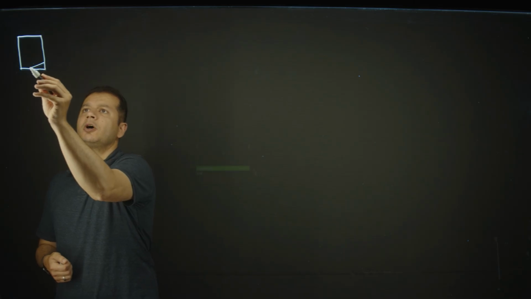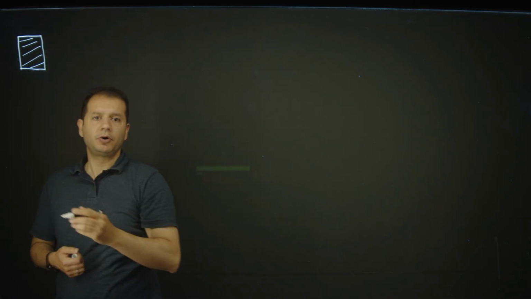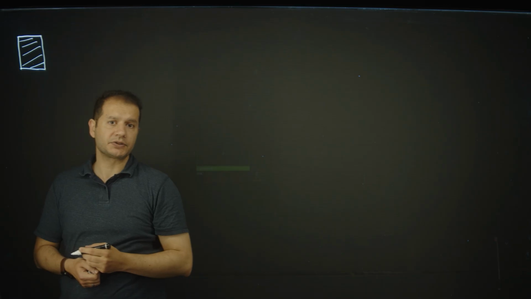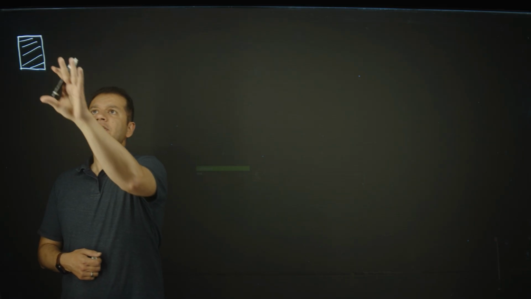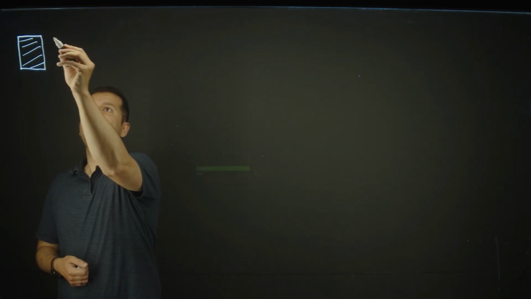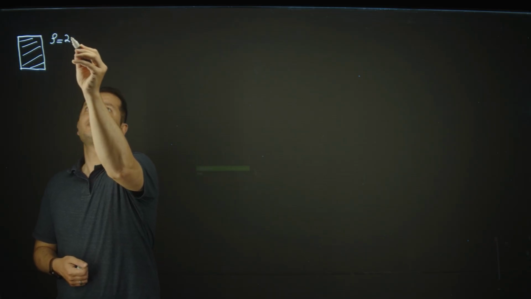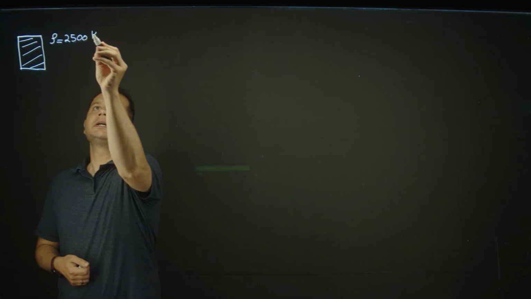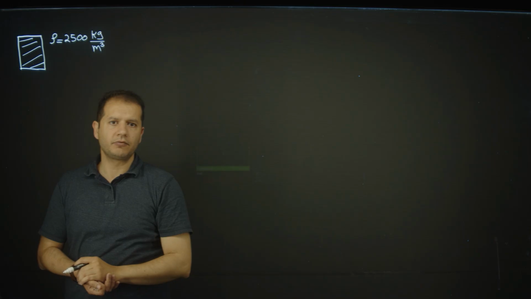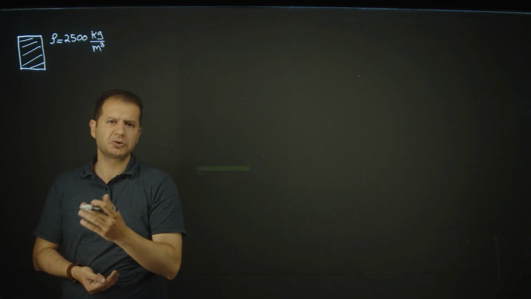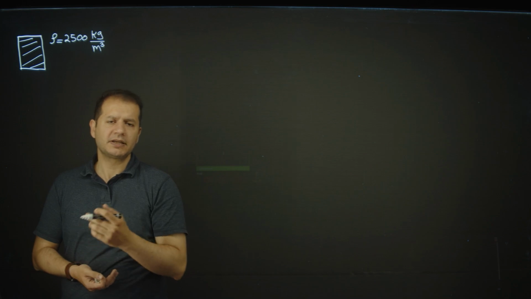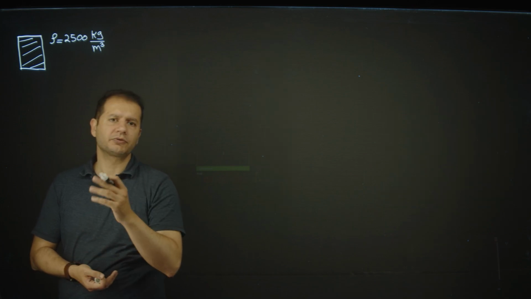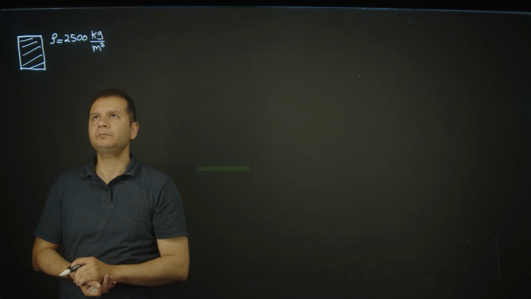So imagine I have a porous rock, and I want to find the porosity of this. Now I am given this information. This is a sandstone rock which has a density of 2,500 kilogram per cubic meter. That's the density of typical sandstone, 2.2 to 2.7, 2.9 gram per cubic centimeter, or 2,500-ish kilogram per cubic meter.